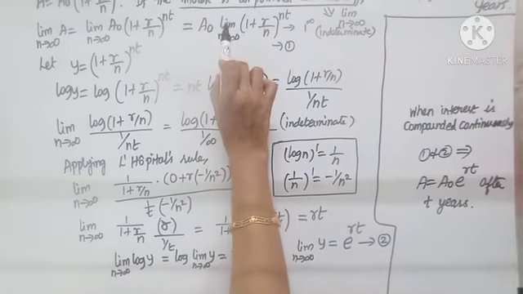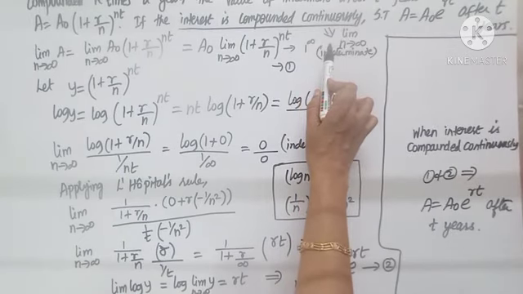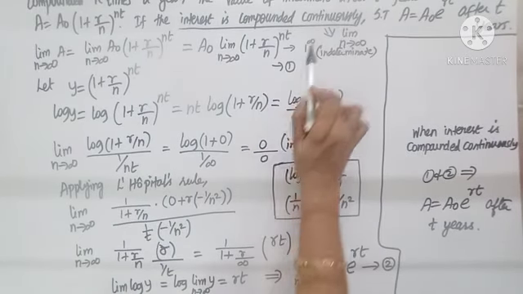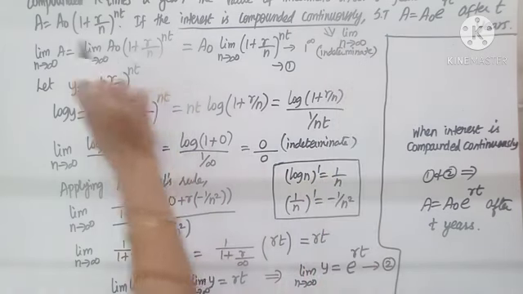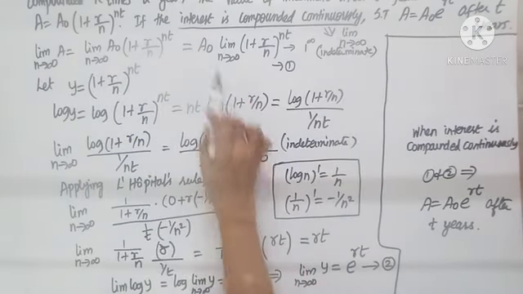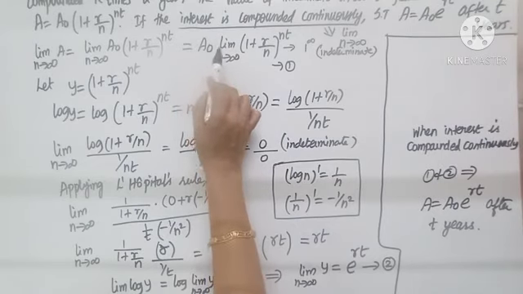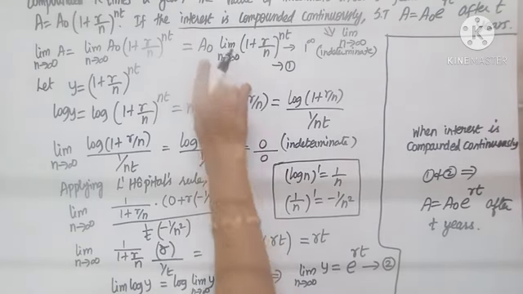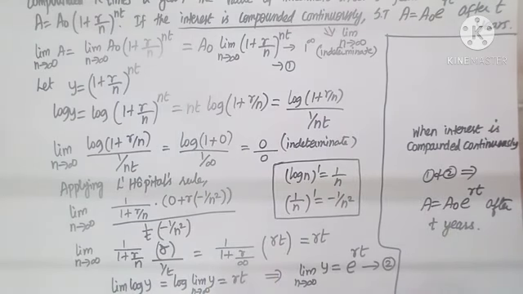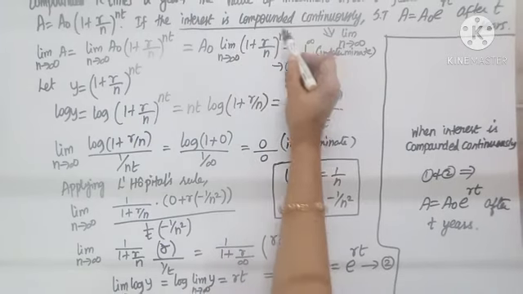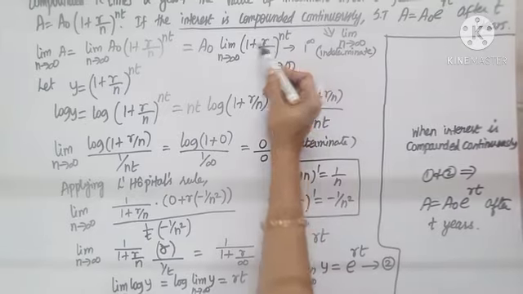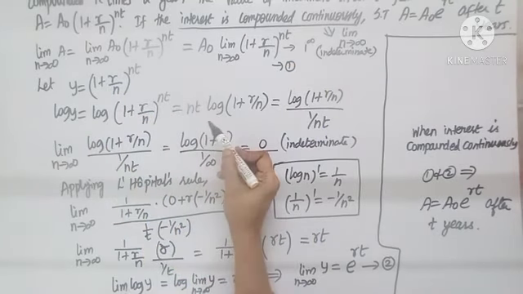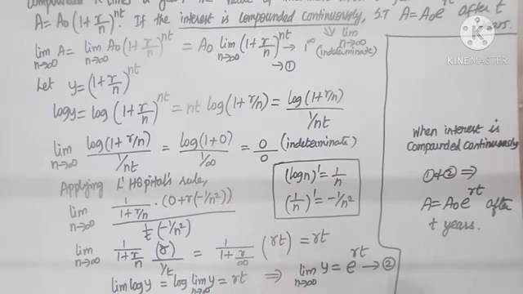The words interest is compounded continuously tell us n tends to infinity. So when limit n tends to infinity of the given problem, A naught being a coefficient, keep it out. It is not affected by the limit. It can be multiplied in the last step alone. This part, when I try to find the limit, is 1 power infinity. So assume it as y, take logarithm, and we apply L'Hopital's rule.